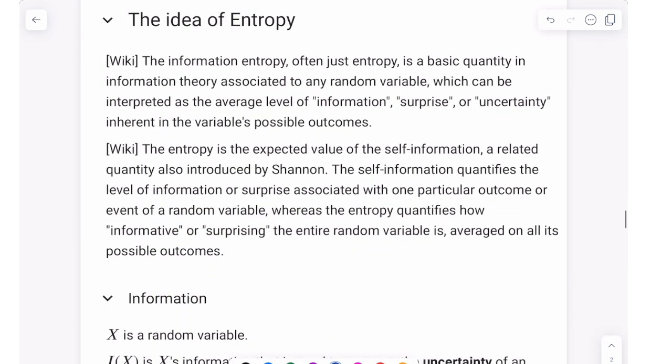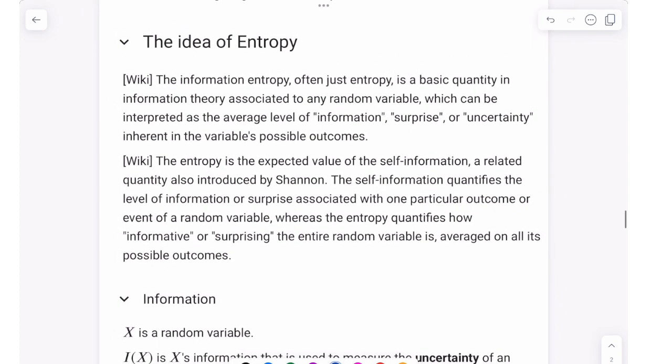So here I would like to introduce a new concept. Maybe you know it, but it is called entropy. Entropy can be interpreted as the level of information, surprise, or uncertainty. So the higher the entropy is, that means the data set has high uncertainty.